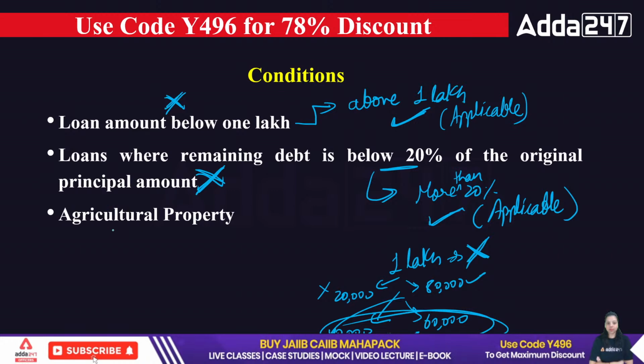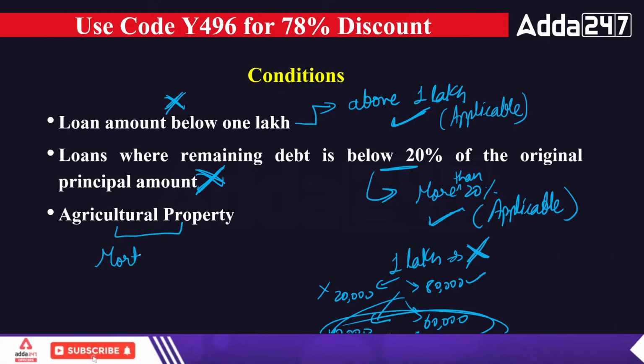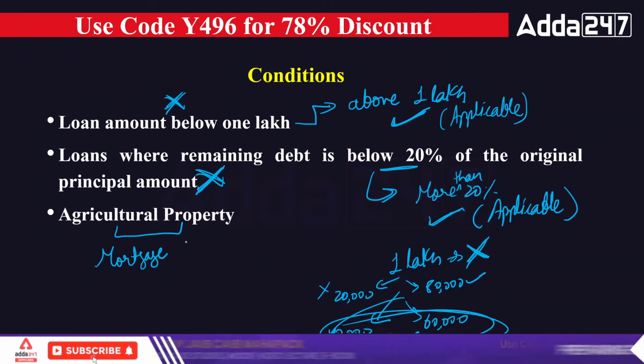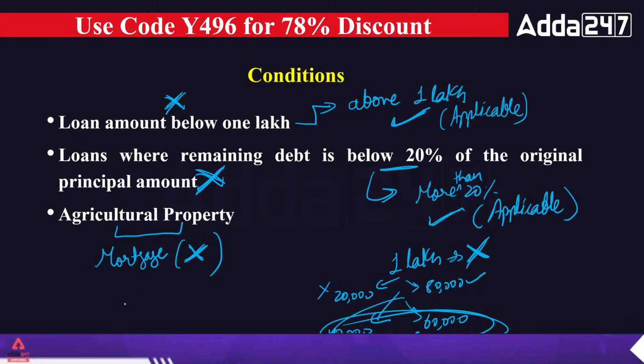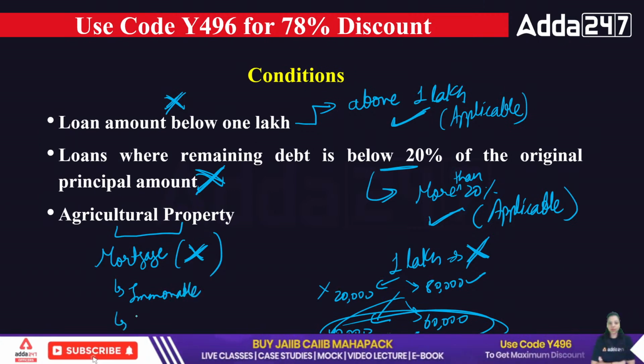And the third condition is agricultural property. If someone has given agricultural property as a mortgage, then the SARFAESI Act will not be applicable. Now, what kind of mortgage? Mortgage is always immovable property. It's always land, a type of security.